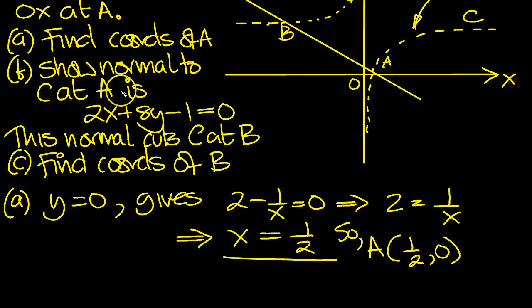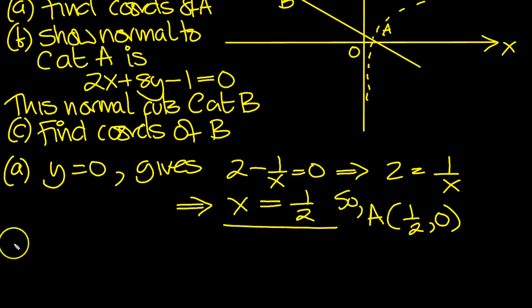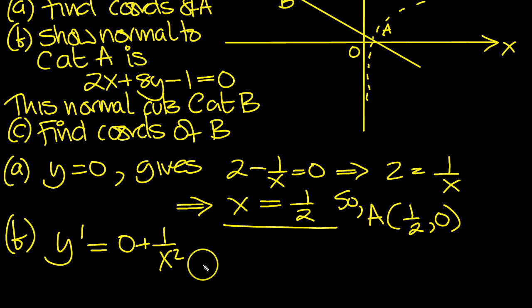Show that the normal to C at A, so part B now. y dashed is equal to, here's the equation. This is 2 minus x to the minus 1 in our mind's eye. The constant goes to 0, and then the minus 1 comes down to be with that minus to make a plus 1 over x squared, isn't it, when we differentiate?